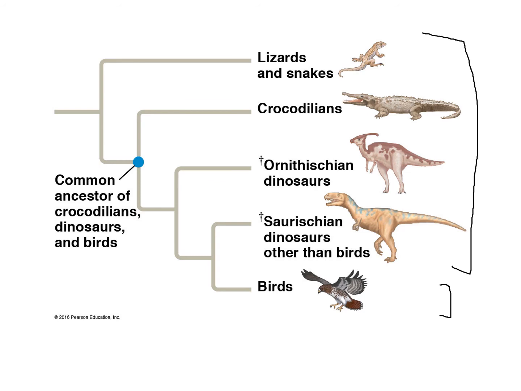A more contemporary classification scheme would simply name each branch and not worry about where it falls in the traditional hierarchy. We call lizards and snakes squamates. We call the crocodile branch crocodilians. We call the remaining phylogenetic branch the archosaurs. And then, if you want, you can make a distinction between the avian and the non-avian archosaurs.